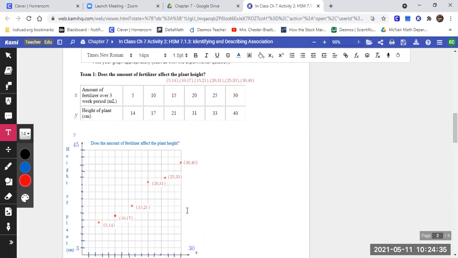Or did we see a spot where it started to level off, that we were getting almost too much fertilizer? Because if you look, when it was only 5, it was 14. 10 was 17, 3 between, right? Then 15 goes up to 21, 4. 21 goes up to 31, 10. But then it drops back down to 33.